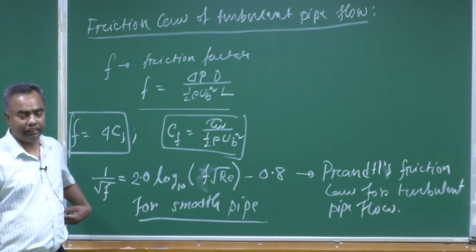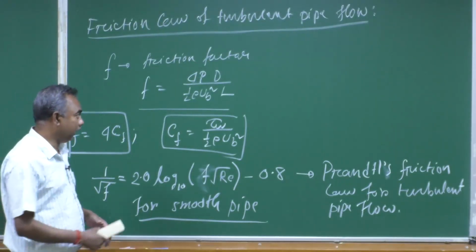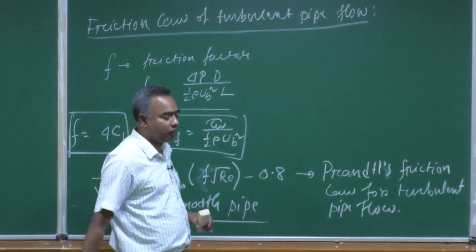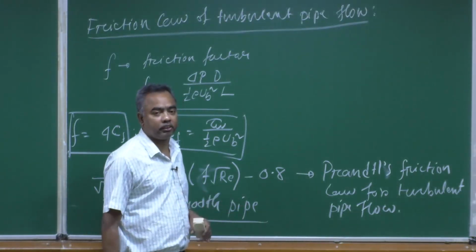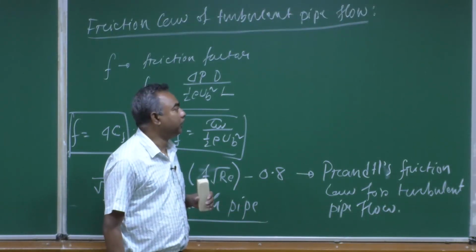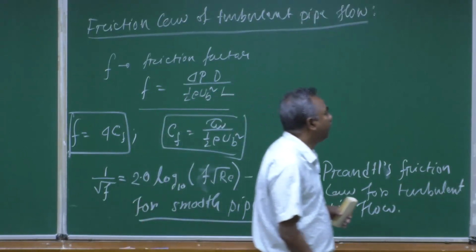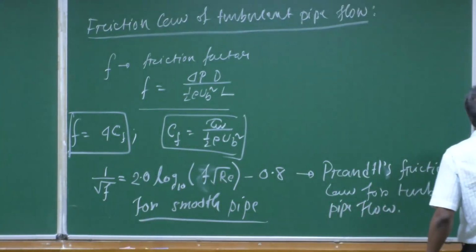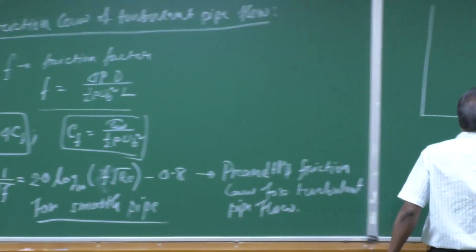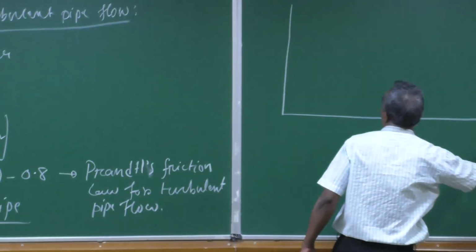Okay. So, in that case experimental data shows that this particular friction versus Reynolds number changes. Okay. Let us see here how does it change. So, for example, if we plot the friction factor versus Reynolds number.